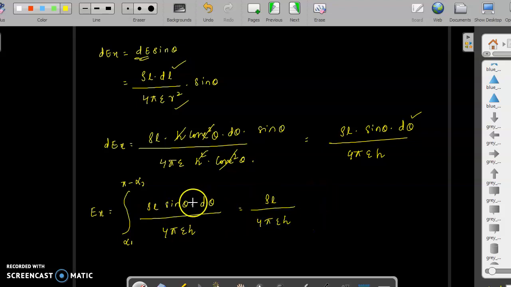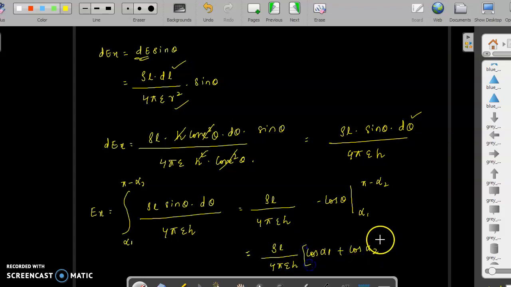When I integrate sin theta, it becomes minus cos theta, with upper and lower limits pi minus alpha 2 and alpha 1. If I substitute these limits, this becomes rho L over 4 pi epsilon h times cos alpha 1 plus cos alpha 2. So this is the Ex component.